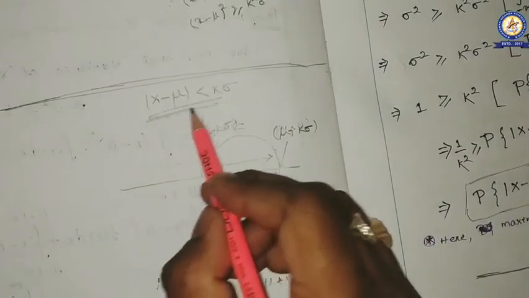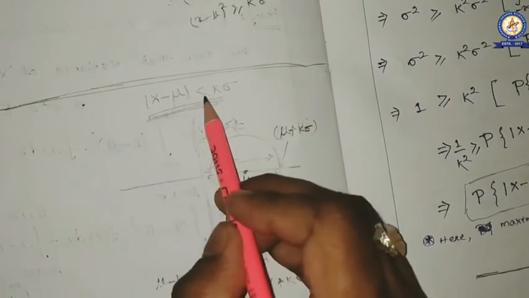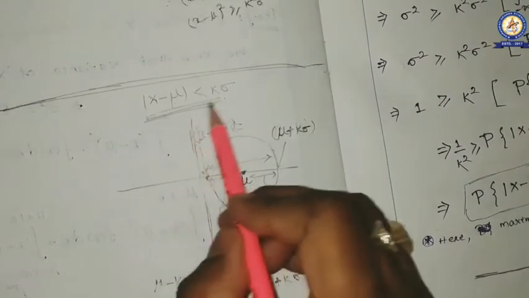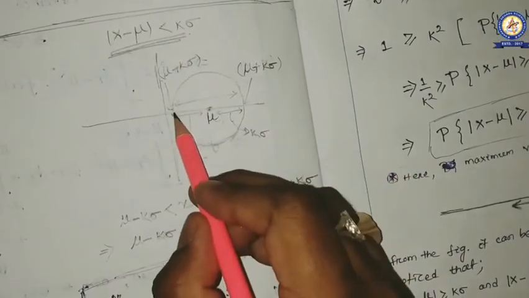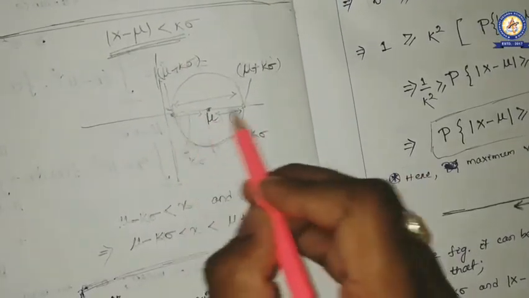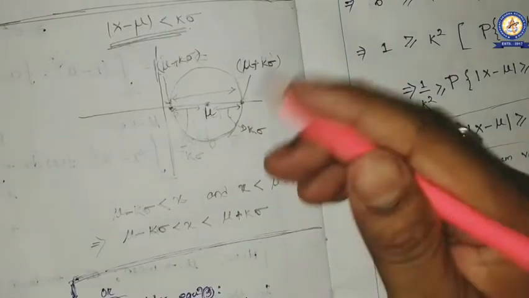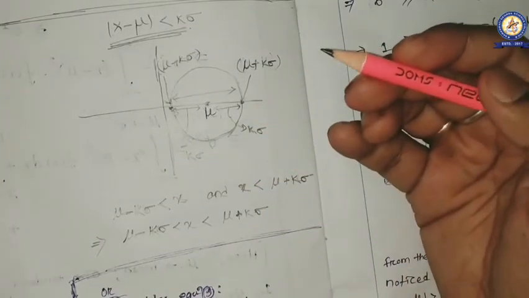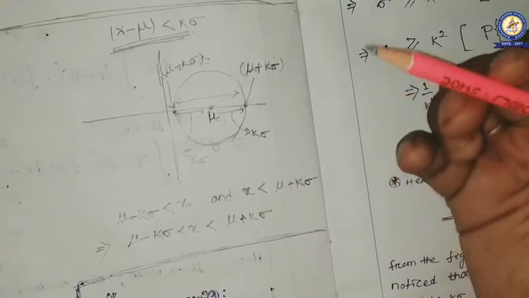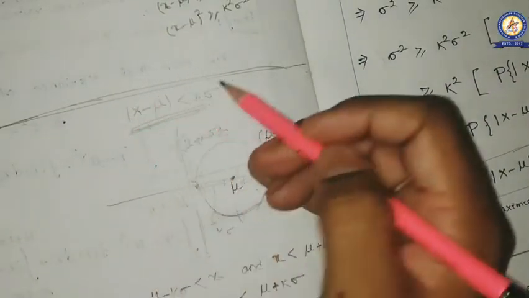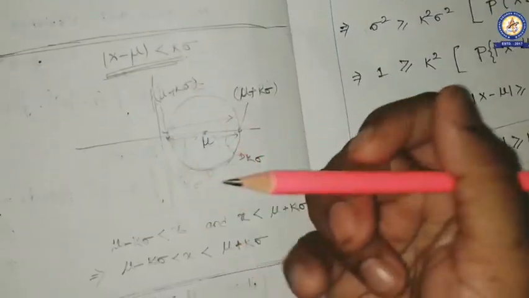Now we are going to go for the other range, that is x minus mu less than k sigma. So this range will be in between these 2 points. How is it? Just remember for your future that whenever you find this type of equation or need to find the range, this method will be easy for you.